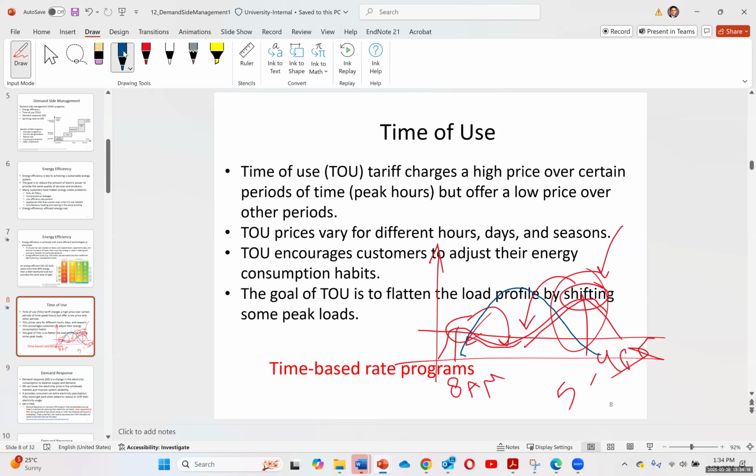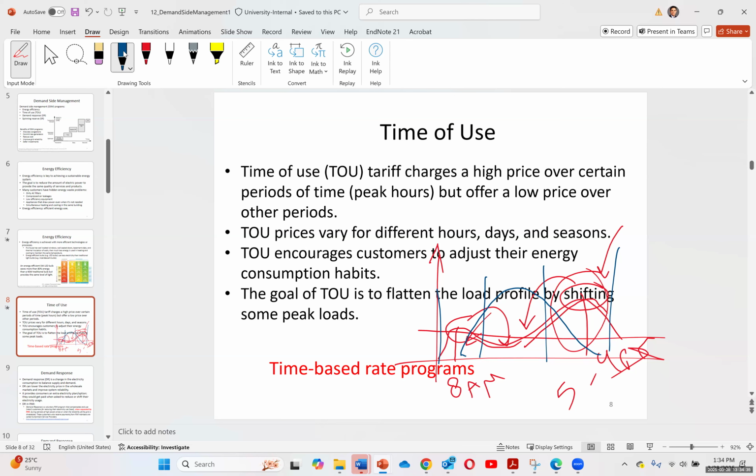So we want this time to be shifted, and one way to do that is through financial incentives. We can have variable rates, and actually Amarillo has this. I think I've already mentioned this.